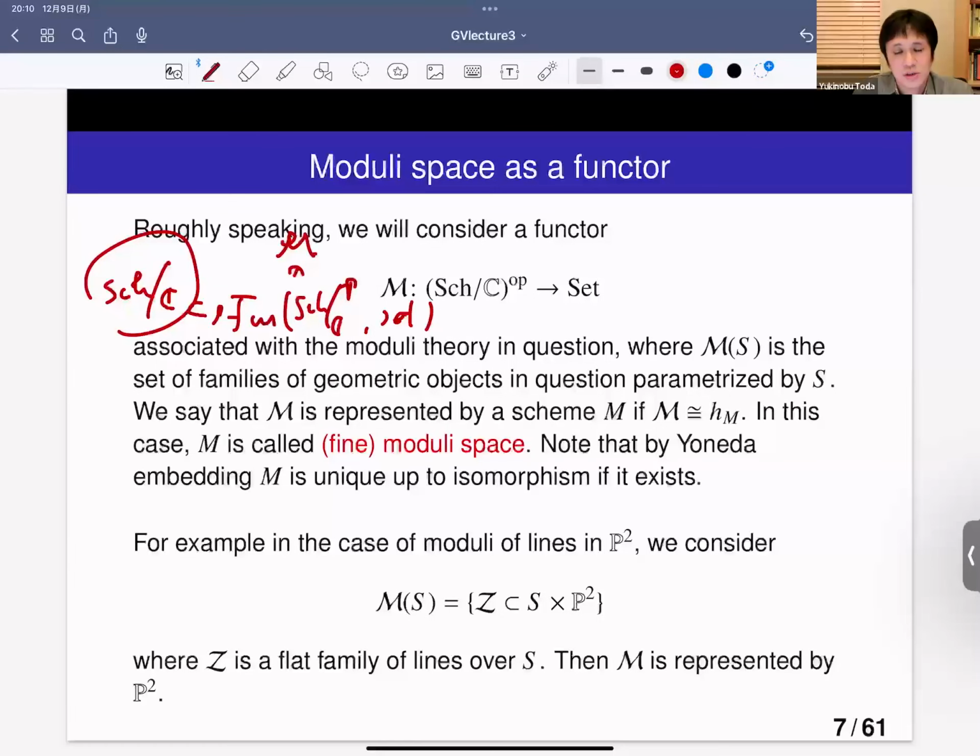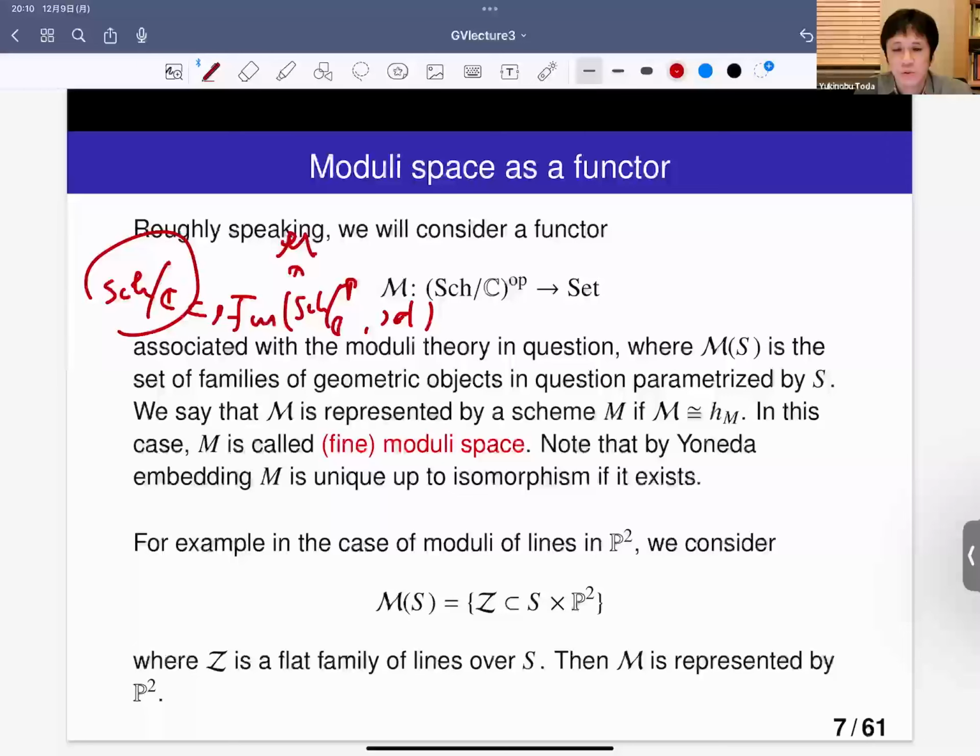In fact, this is the moduli space in the strongest sense, so we say it is a fine moduli space. And moreover, because the Yoneda embedding is fully faithful, this moduli space M is unique up to isomorphism if it exists.